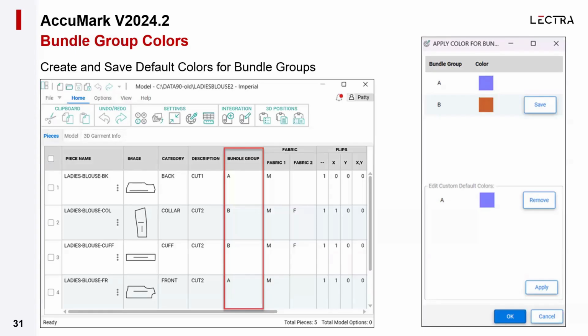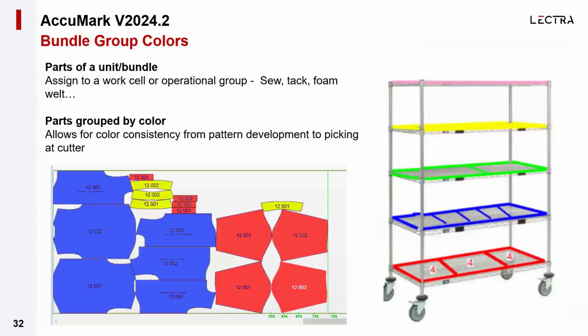Okay. Now, if you don't remember what bundle groups are, this was something that was introduced back in 2021 in version 14.1. And bundle groups are a way that you can group pieces together or parts together and say that they're going to be traveling through production. Maybe they're going to go together into a work cell or some sort of operational group. Maybe they all need to have a special operation performed on them.